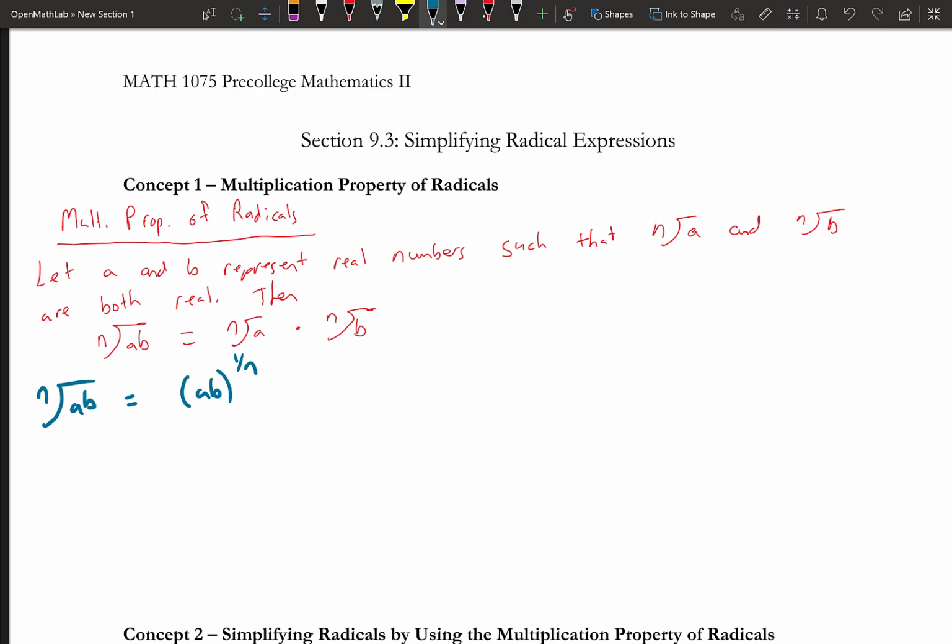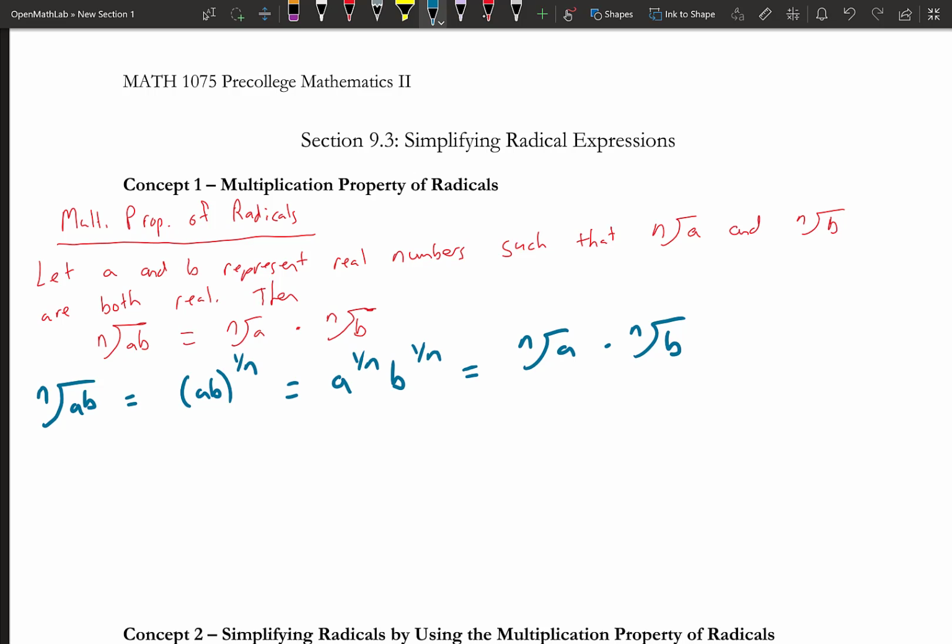But when my base is two factors, remember the exponent rule, you apply the exponent to each factor. So now using the definition of rational exponents again, this would be the nth root of A times the nth root of B, which is exactly what we were looking for.